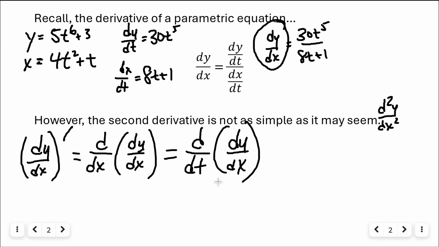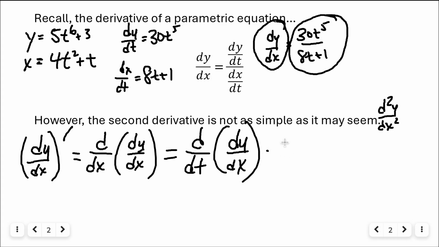I mean, look at the two, the equation that you have here. These two are not equal to each other, right? So what I need is what I call a correction factor, okay? I need some kind of correction factor so that I can find the derivative of this thing with respect to t, but then call it the derivative with respect to x.